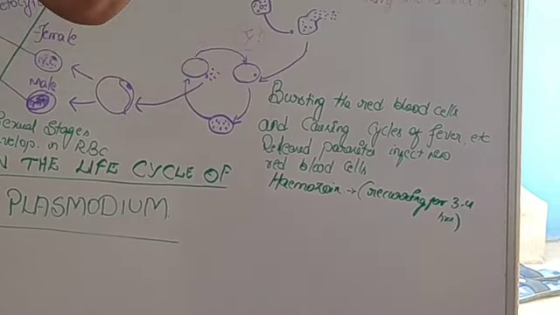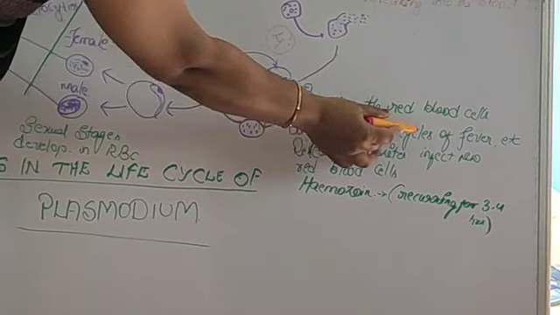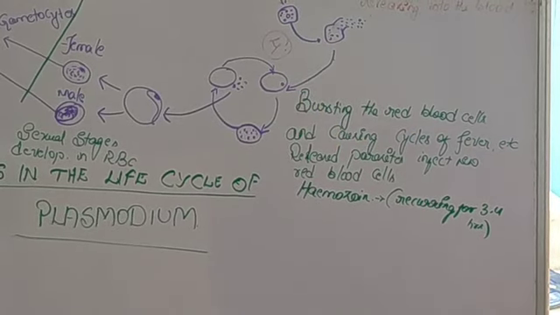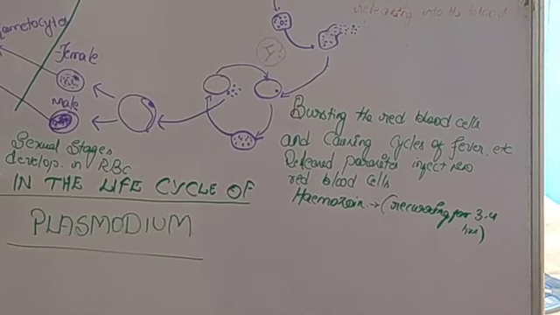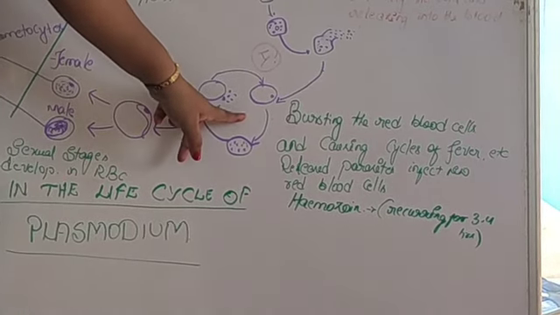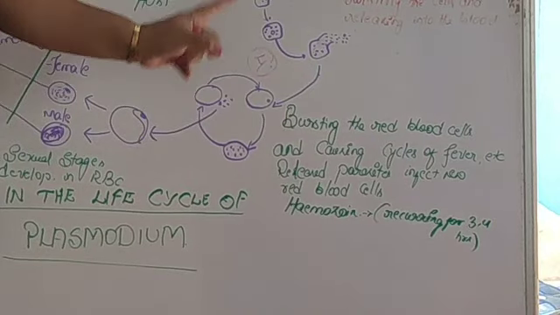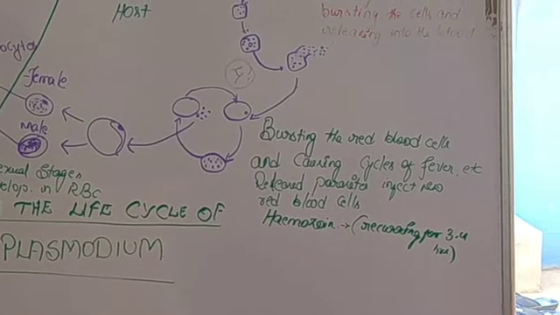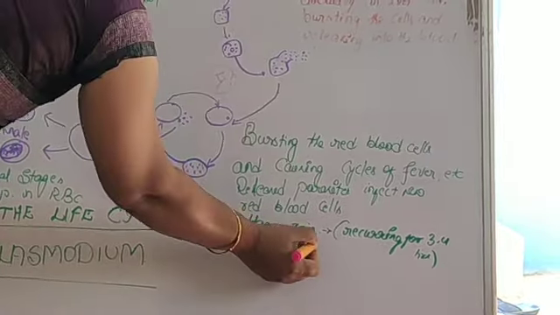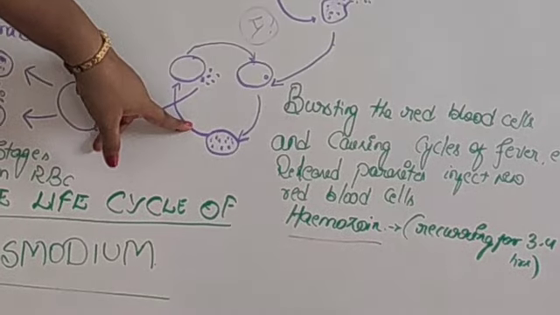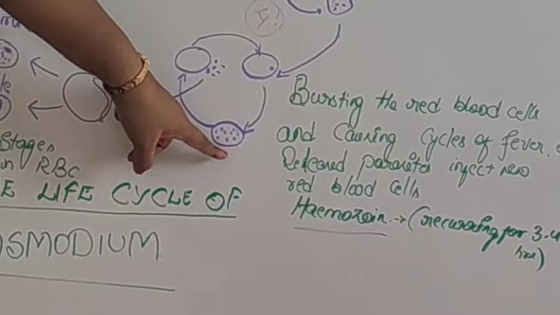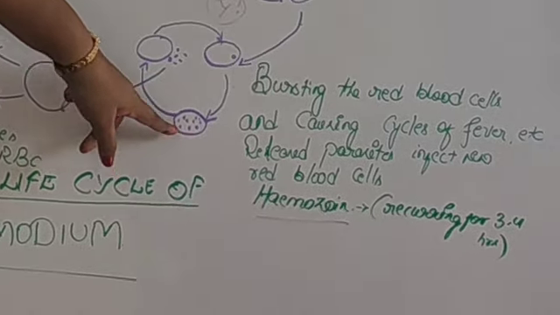After release, the blood cells rupture, bursting the red blood cells and causing a cycle of fever. That is, the symptoms I mentioned keep appearing. The rupturing of the blood cells releases a chemical, very important for a 1 mark question, called hemozoin. As hemozoin is released, the symptoms appear in human beings quantitatively and qualitatively, the malarial symptoms.